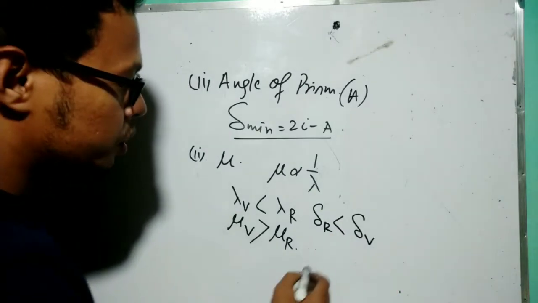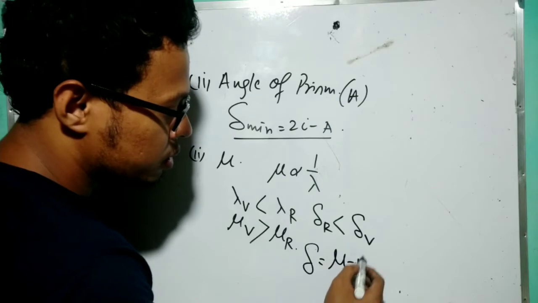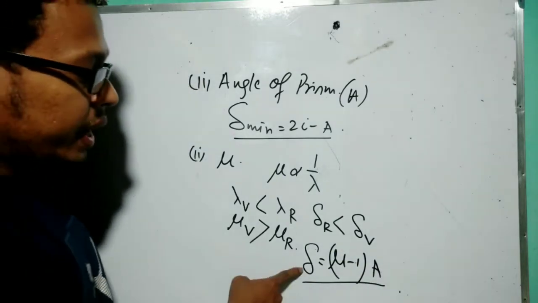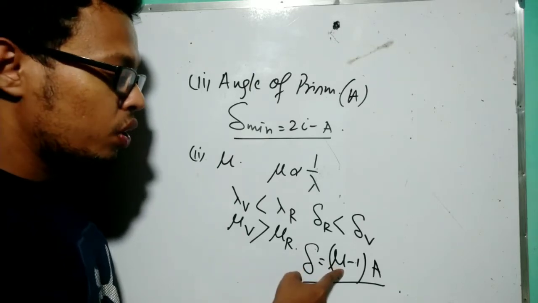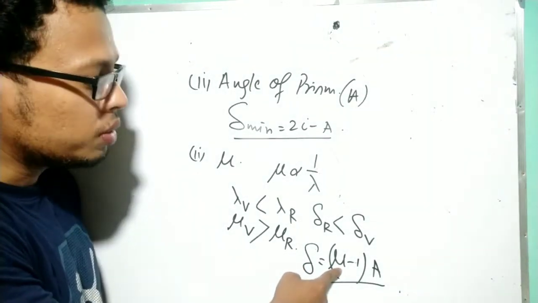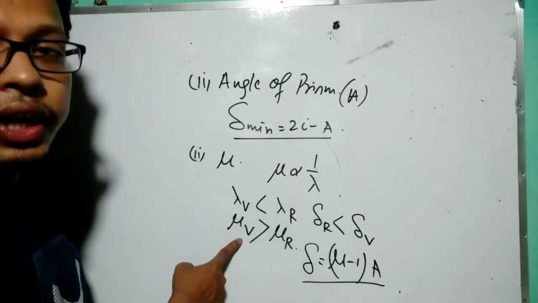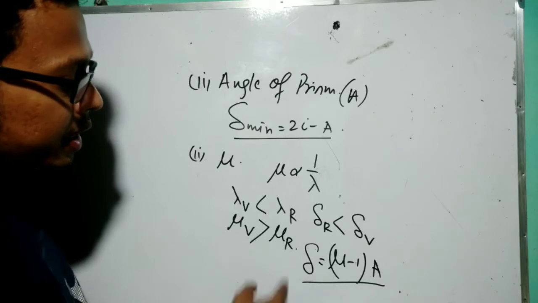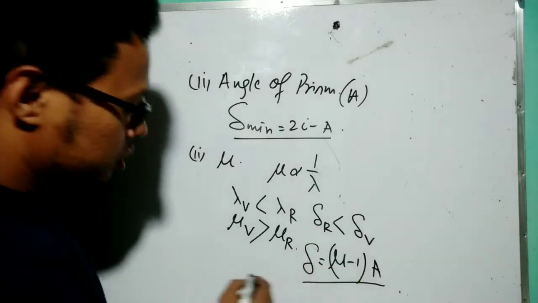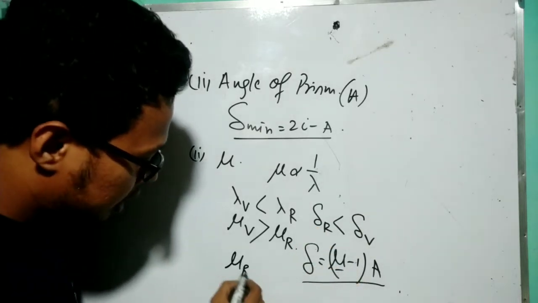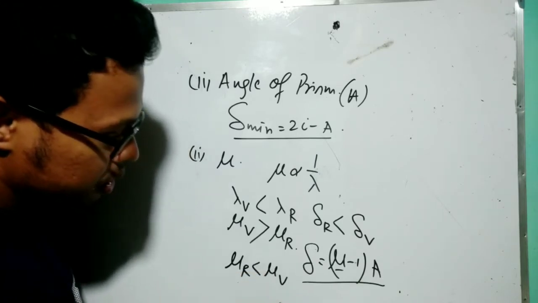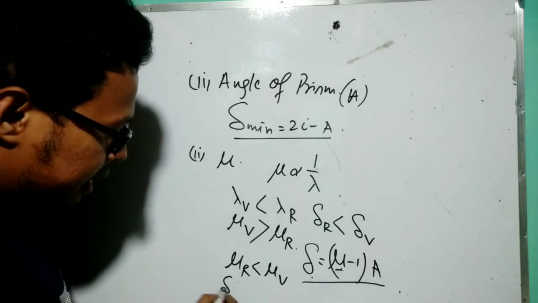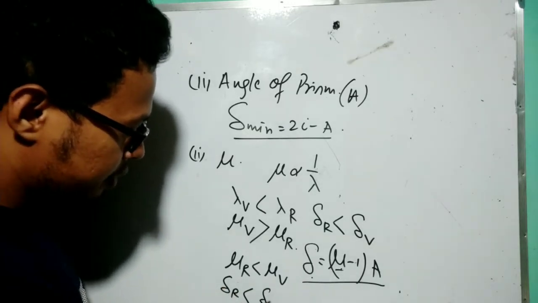Otherwise, one relation we know, delta equals mu minus 1 into A. So from here we can say the angle of deviation is less for red, because mu R is less than mu V. Otherwise delta V is greater than delta R, because look, mu R is less than mu V, and mu and delta are directly proportional. So obviously delta R is less than delta V.